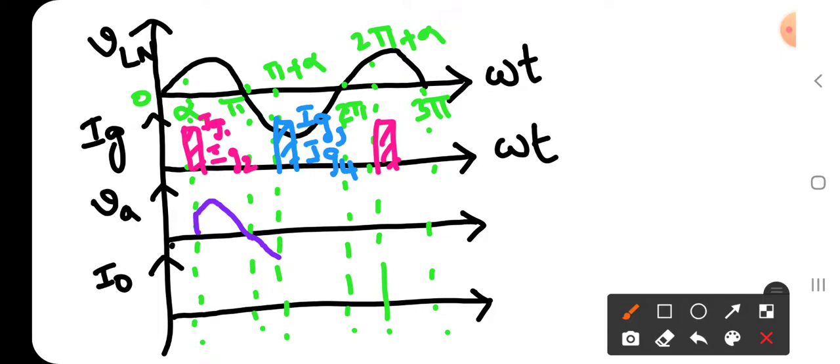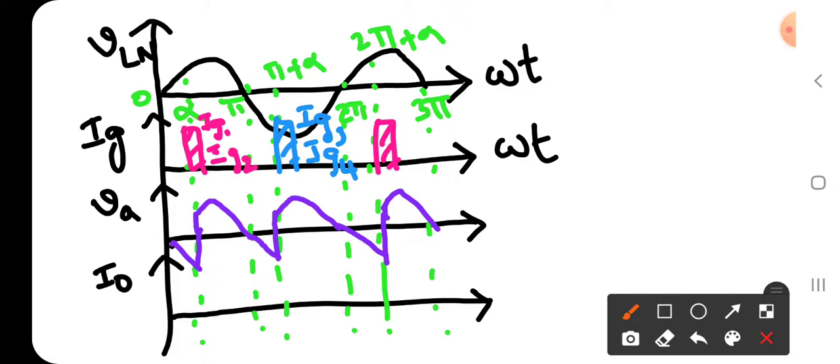That means as it is negative, I need to draw this as positive, like this. Again from 2 pi to 2 pi plus alpha, the same as the input voltage. From 2 pi plus alpha to 3 pi, it will be the mirror image, like this.